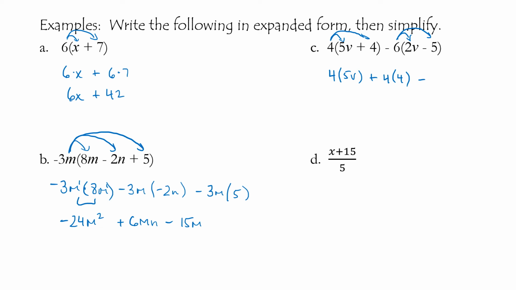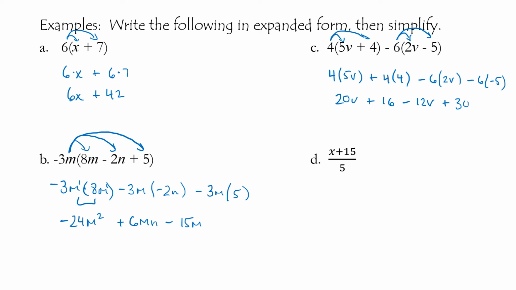And then negative 6 times the 2v, and the negative 6 multiplied by the negative 5. So 4 times 5 is 20, so that's 20v, plus 4 times 4 is 16. Now we have negative 6 times 2v, so negative 12v. And a negative 6 times a negative 5 is a positive 30.